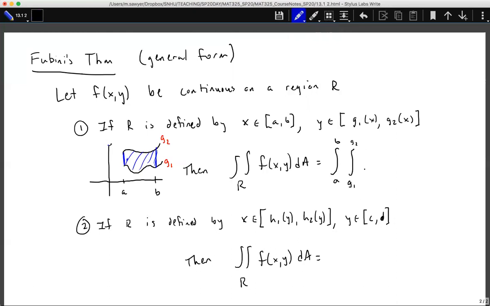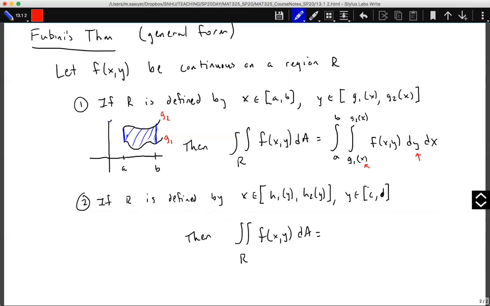So the integral from a to b of the integral from the function g1 of x to g2 of x, of the surface, the function f of x y, with respect to y, with respect to x. It's important to note that the y is a function of x. So x must be used in the integral before you take it with respect to that variable.